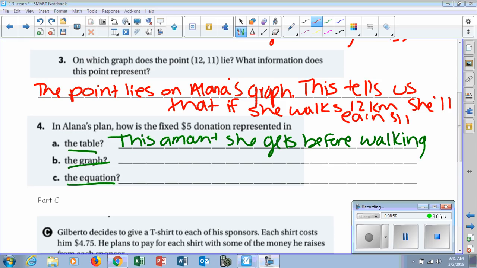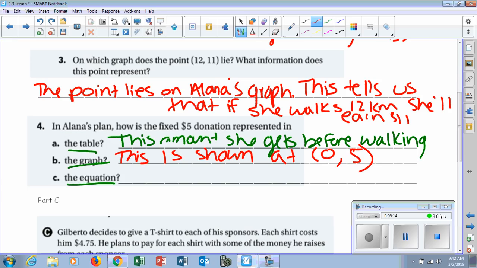Okay, so what's that point, though, that we're going to be looking at to see that? 0.5, yeah. That's the key part of it. This is shown at 0.5. When she walked 0 kilometers, she made that $5. That's that fixed $5 that they were asking.